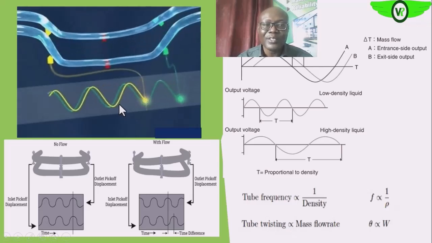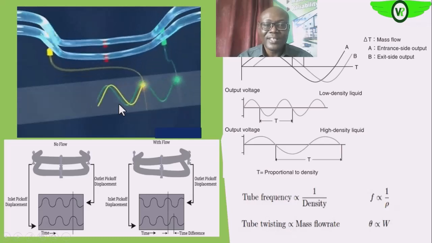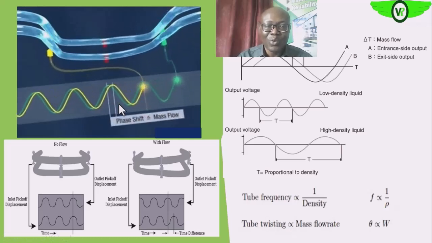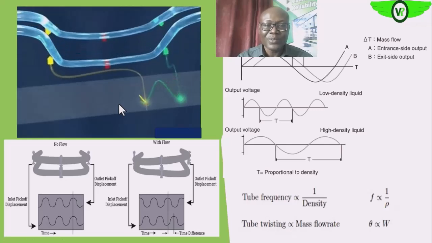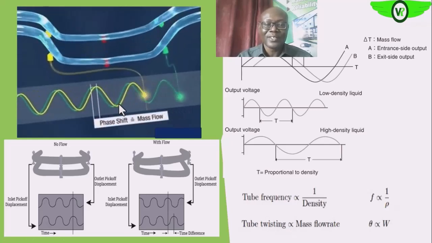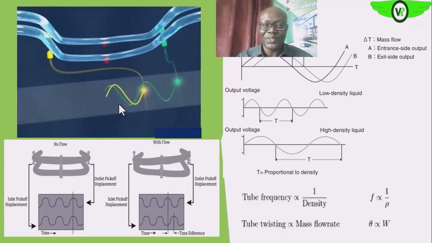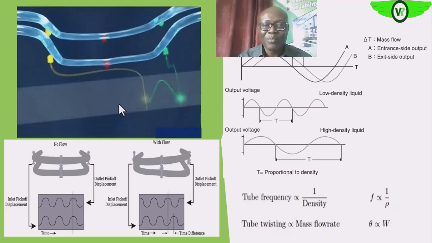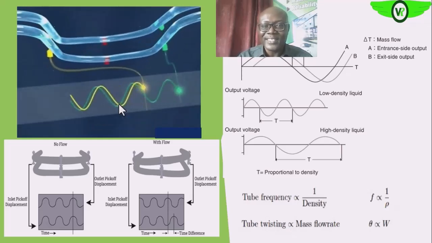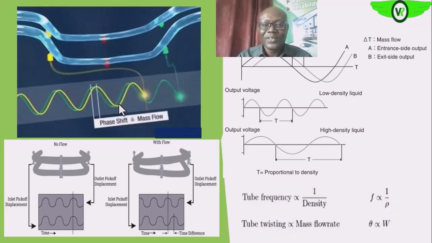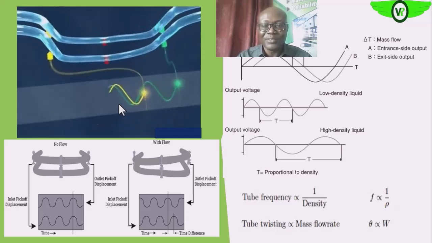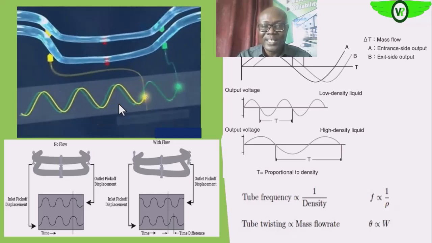If the fluid is dense, heavy, the frequency will be low, because it will take greater force to oscillate, so the oscillation will be slow, and that will reduce the frequency. But if the fluid is less dense, is light, what will happen to the frequency? You see that the frequency will increase.